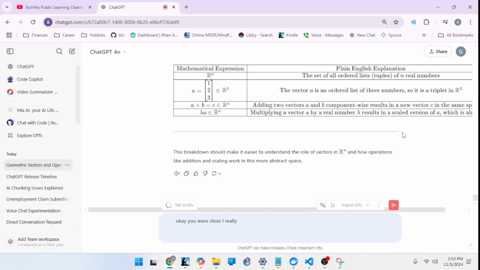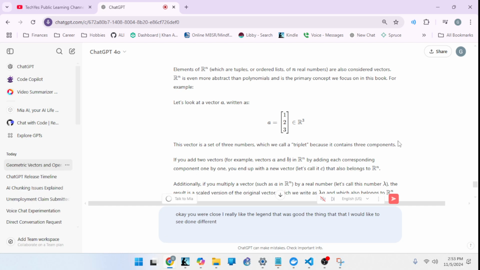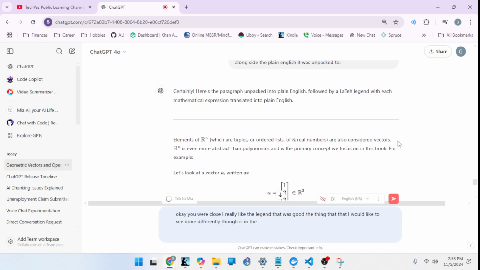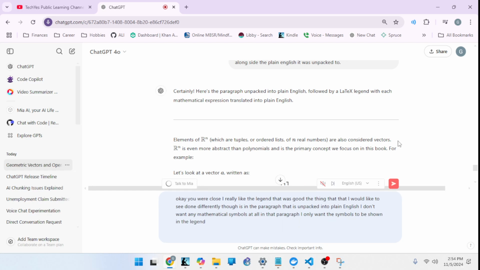I really like the legend. That was good. The thing that I would like to see done differently, though, is in the paragraph that is unpacked into plain English, I don't want any mathematical symbols at all in that paragraph. I only want the symbols to be shown in the legend, and I want the paragraph to be completely unpacked into plain English with no mathematical symbols.